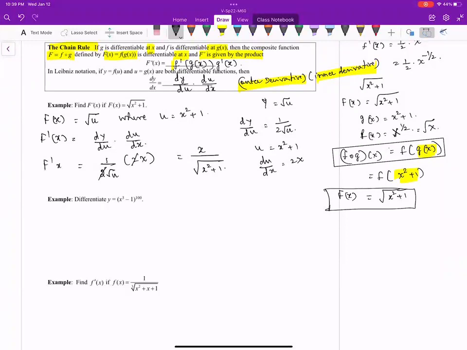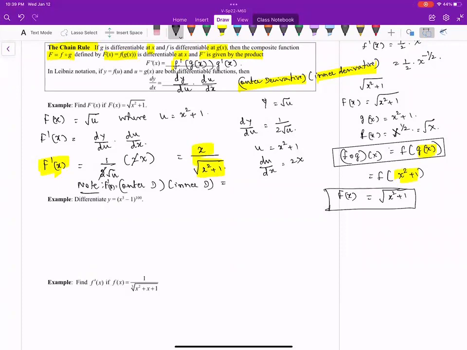So if you apply the chain rule, the answer becomes 1 over square root of x squared plus 1 times x. The easy way is to use the fact that it is outer derivative times inner derivative, that is our f prime x.